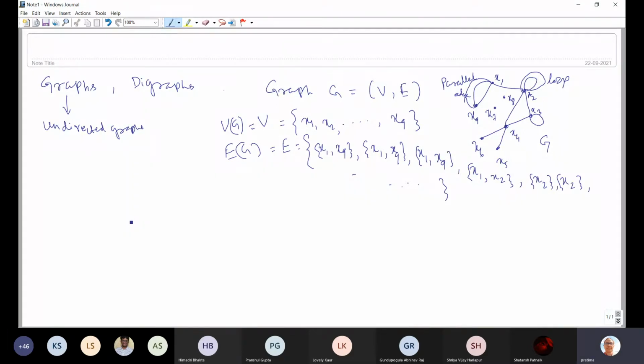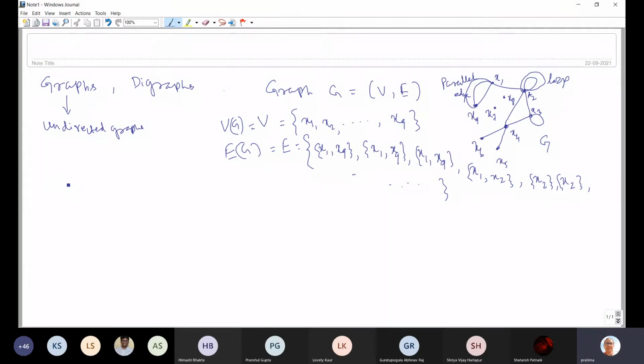Then recall, I am reminding you, we have also defined the degree of vertices. The degree of a vertex is the number of edges incident on the vertex, where each self loop is counted twice. Every self loop will be counted twice. Just recall that definition I wrote in the previous class.